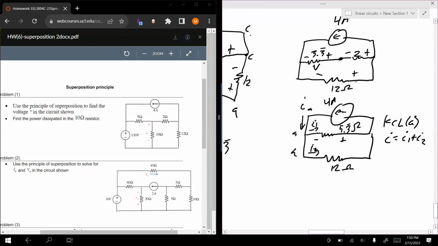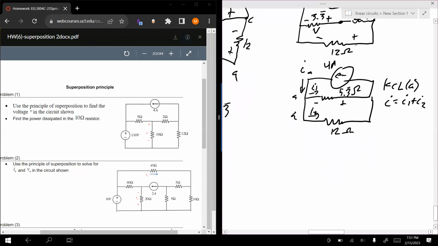And we want to find I1. So we're going to do the current division method for this. Current division is also pretty easy. We want to find I1, so we say the total current times the opposite resistor.